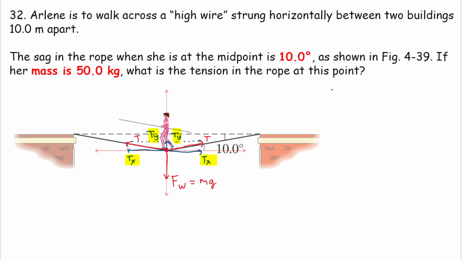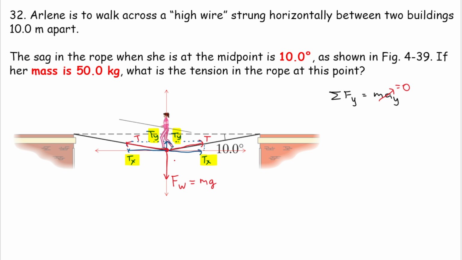So we will need to use Newton's second law here. Sigma F is equal to mass times acceleration. But we need to do it in the y-axis, so we'll have ay, and this is also Fy. On the right-hand side, the acceleration is equal to 0. Why? Because the system is not moving, especially in the vertical direction.